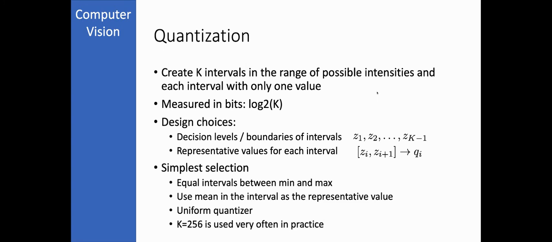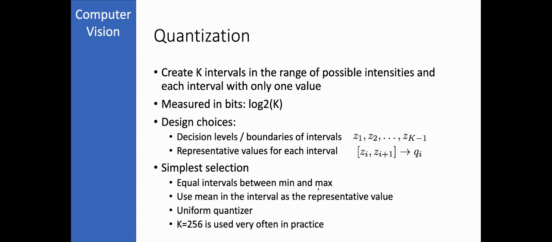So there are certain design choices in this case. The first is the decision levels, or the boundaries of the intervals, and the second is the representative values for each interval. So if an intensity value in a pixel is between Zi and Zi plus 1, I will represent it with Qi. Now the simplest selection that's used very often is the uniform quantizer: equal intervals between the minimum and maximum intensity values that I expect.